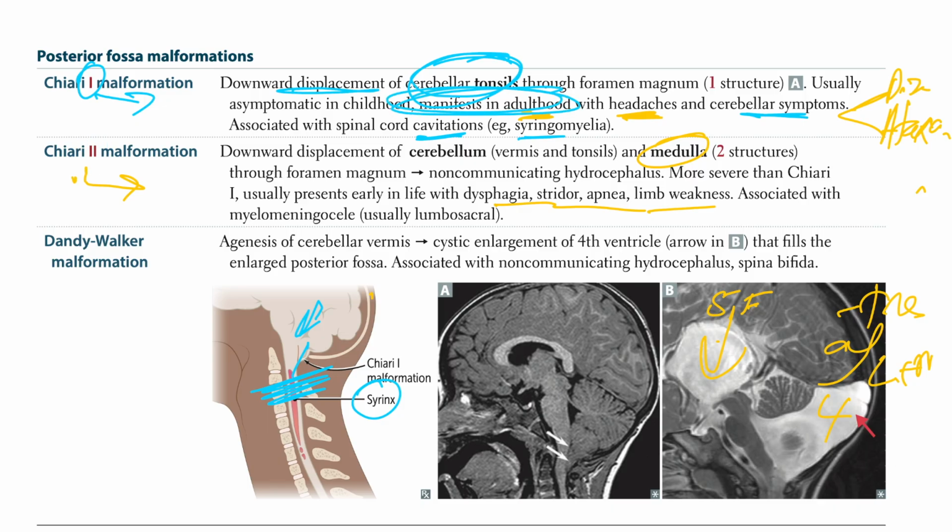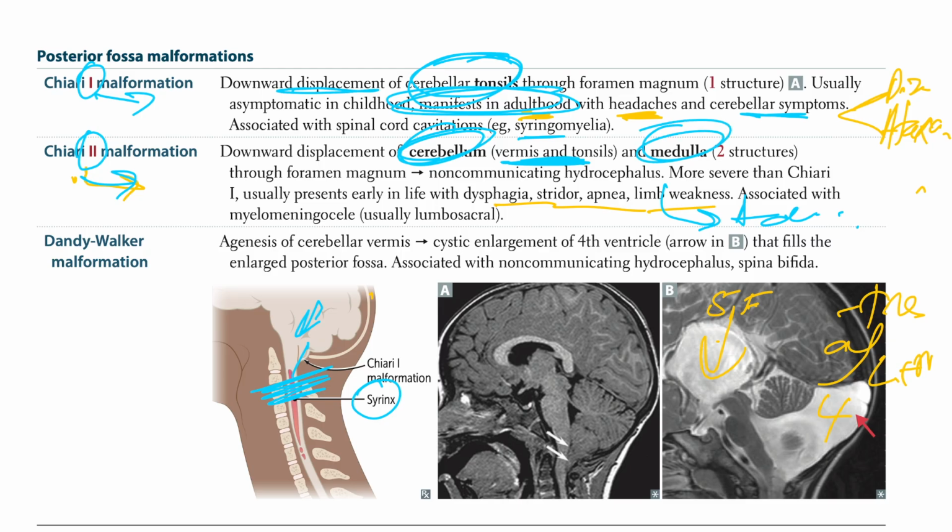Chiari 2 is two structures coming down: the cerebellum, which is the vermis and the tonsil, the whole cerebellum, and the medulla. When these two structures come down, you are going to form a non-communicating hydrocephalus, and that is simply due to the aqueductal stenosis. But a high yield point is that it is associated with two things, cerebellum and medulla.